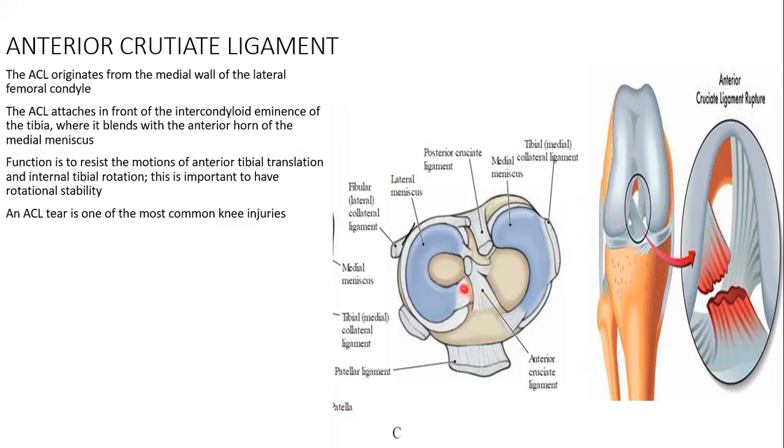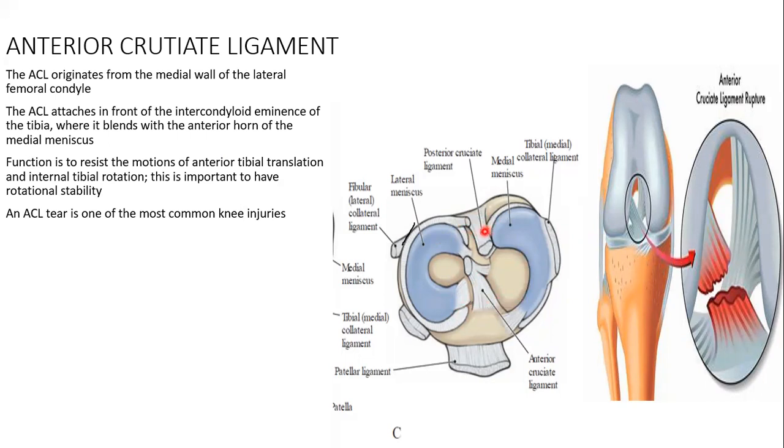When you look at the tibia there, there's an eminence at the center of the tibia where these ligaments basically attach. That eminence is known as the intercondylar eminence of the tibia. It is just an elevation on the proximal surface of the tibia. This intercondylar eminence is going to have an anterior aspect and a posterior aspect.